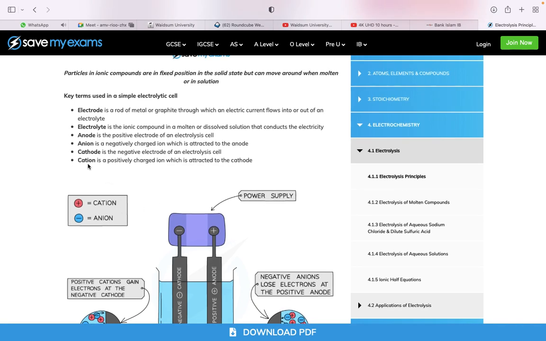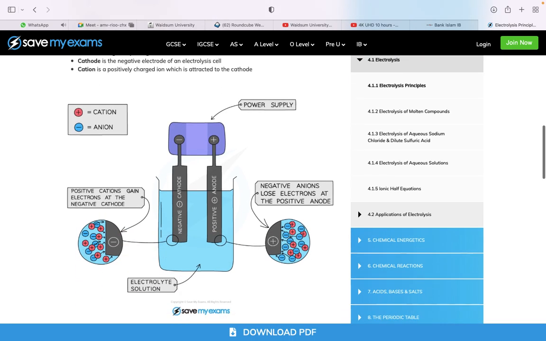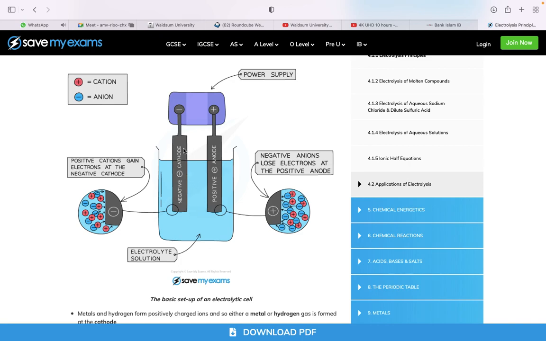Now let's talk about the cations. Cations are the positively charged ions which are attracted to the cathode. You know, the cathode is a negative electrode. By natural laws of electricity, it is the positive ion in the electrolyte that is attracted to it.